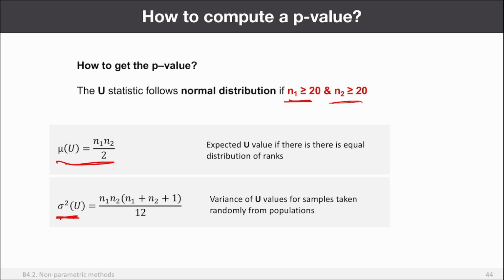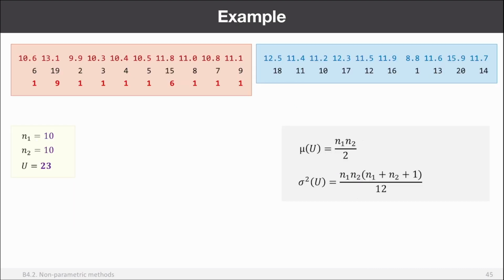Having said that, let's compute the average and variance and standard error. So this is the average. You can see I simply take the sample size in A and the sample size in B. In my case, it's the same, 10 and 10, and then divide by 2, it will be 50. So if the null hypothesis is true, so distributions are equal, then the number of ranks here that are larger than these ranks will be 50, and also vice versa, actually, okay?